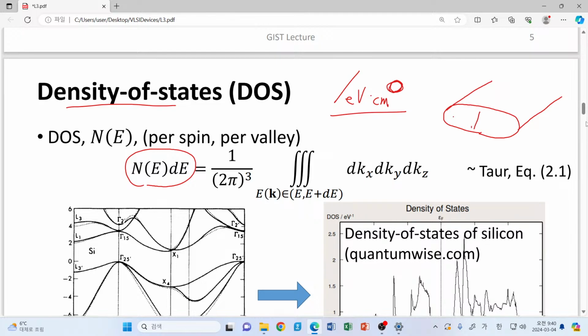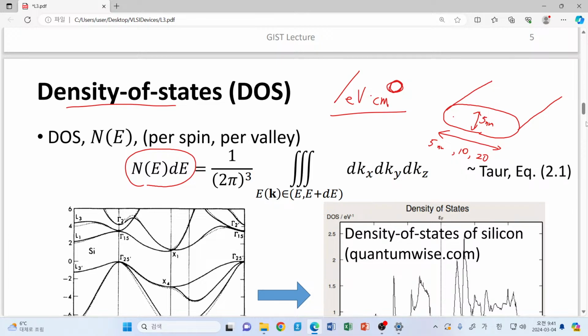Along this direction, the size is about 5 nanometers, and along this direction it depends on the situation, but the minimum would be 5 nanometers, while more realistically it would be 10 or 20.